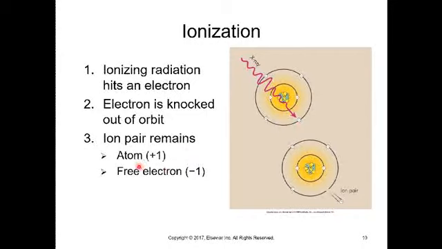You have a positive atom and a free electron. So once this electron is knocked out, this atom now becomes positive, so it's got a positive ionization, and you have a freely floating electron, which can move on and cause interactions with all the different atoms next to it.